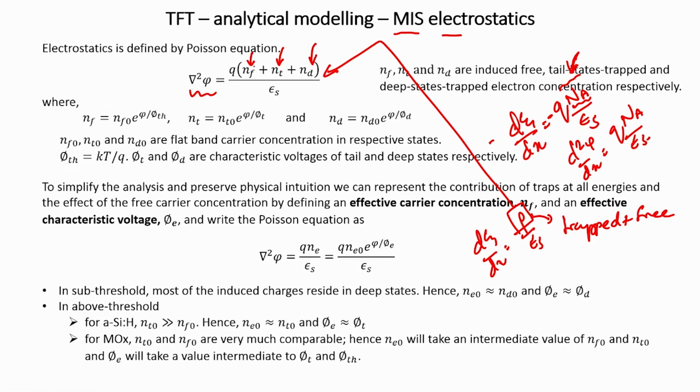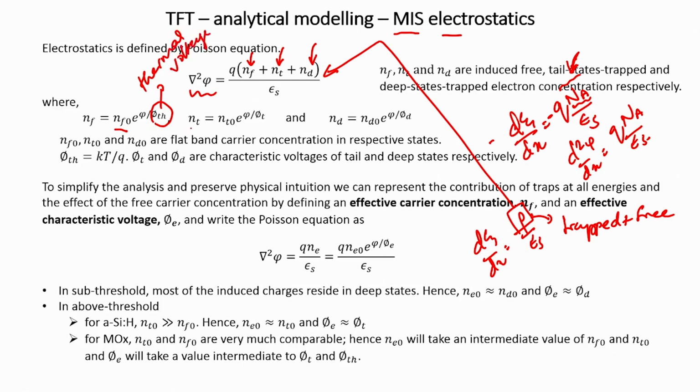Now, each one of these terms depends upon the potential that is applied. So, this is a Poisson's equation which will also have the potential term on the right hand side, and all of you are familiar with the means to solve this particular equation. The free carrier concentration will have an e to the power phi by phi th term, where this is the thermal voltage.